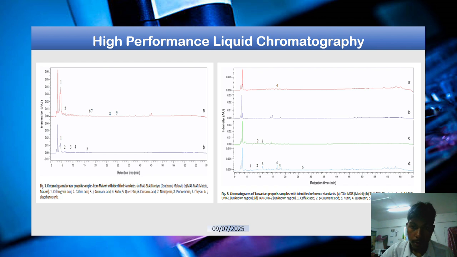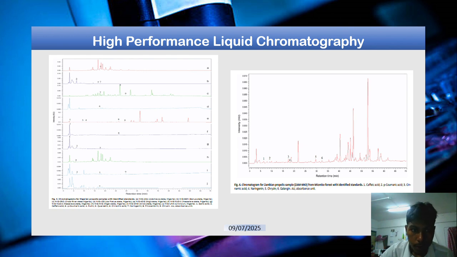The RP-HPLC study shows that propolis from Malawi, Tanzania, and Zambia contain a greater amount. Figure 4 shows chromatograms of Nigerian raw samples, where 9 components are identified, and the chromatograms for the Zambian propolis sample, where 6 marker compounds have been observed.